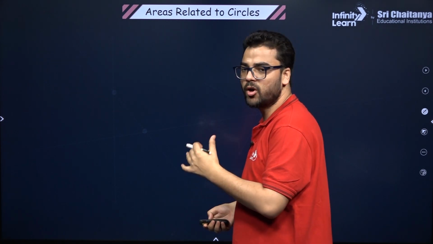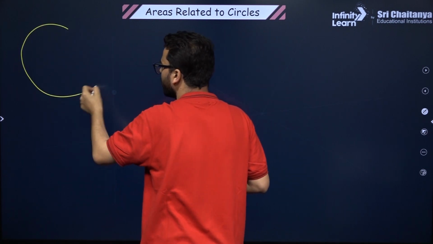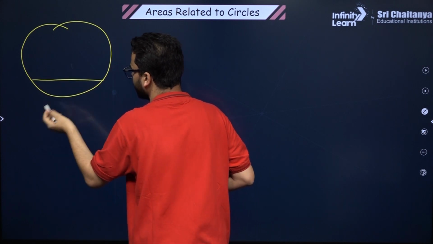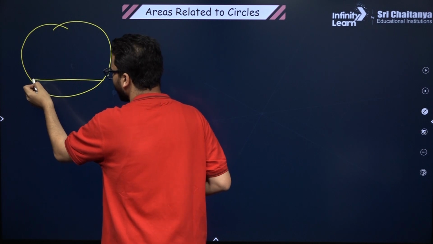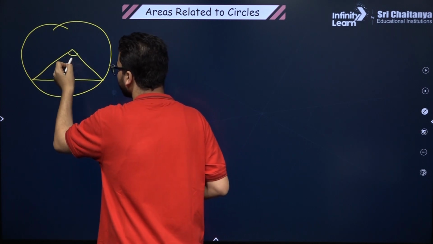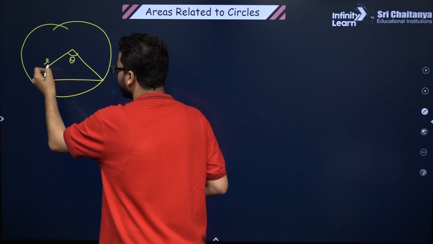Now let's talk about segment. If you've got a circle, and a chord of it, it can be A, B, C, D, you don't have to bother about it. This chord is subtending some angle theta at the center of the circle, and the radius of the circle is r.